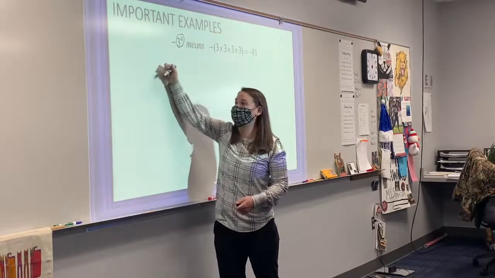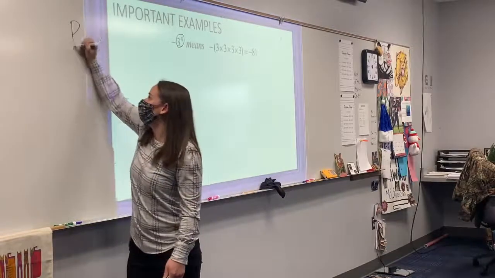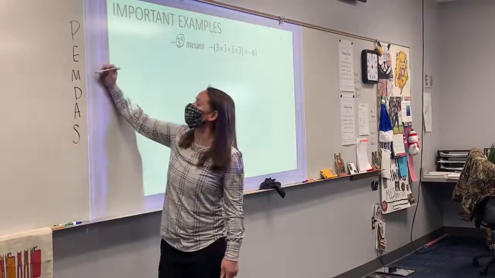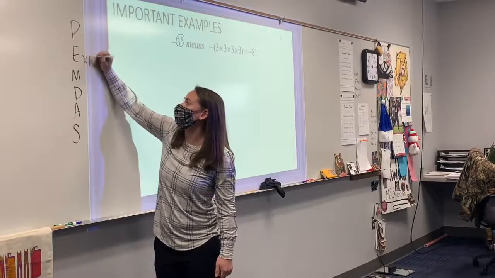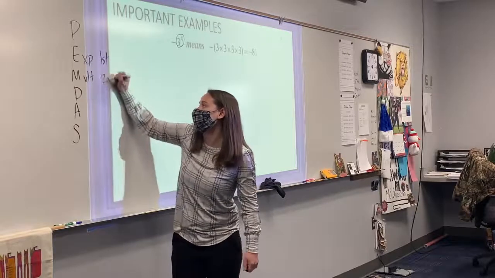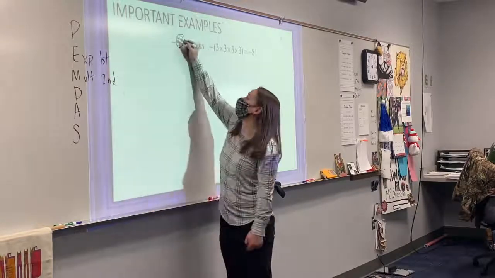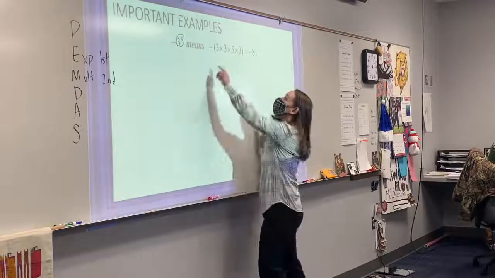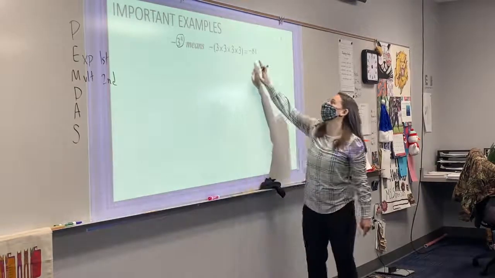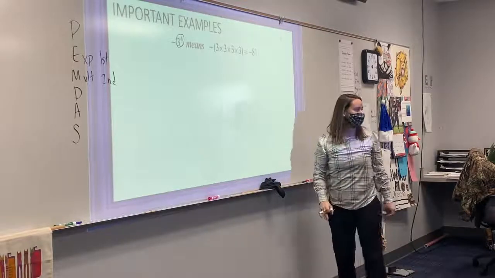Remember, PEMD. It says to do exponents first before the multiplication. So you would do this exponent first, and then multiply by the -1. And so you actually would get a -81 here.